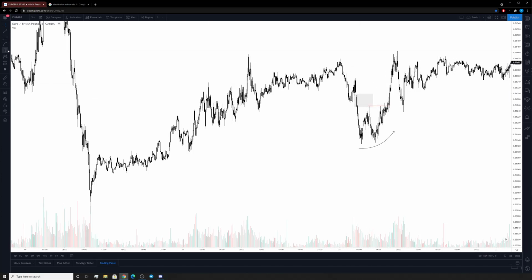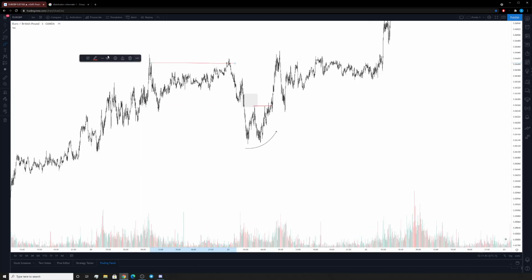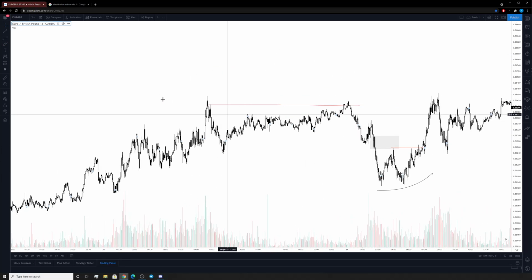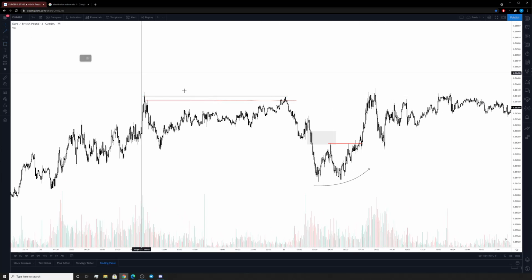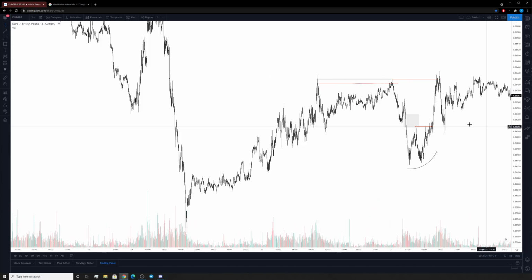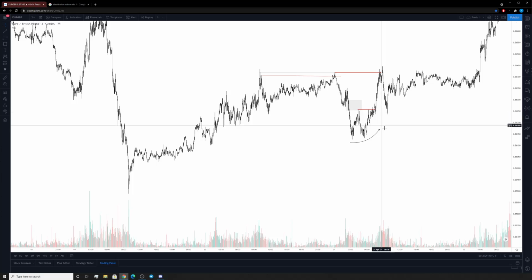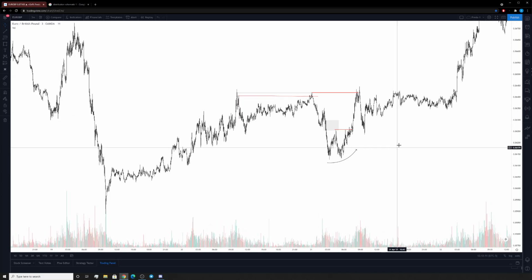And I think there was a mitigation here, and that was also taken out, so this would now be seen as external disruption. I personally love the external disruption because it invalidates one direction, and it usually gives you enough of a pullback to then give you a move to the opposite direction.